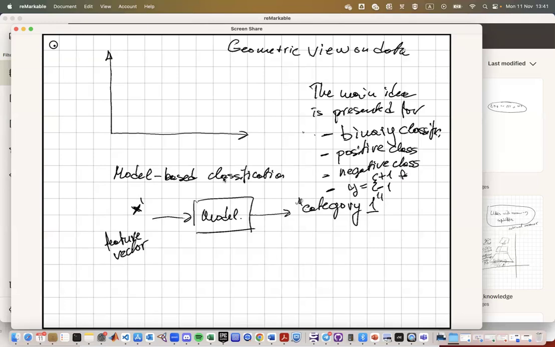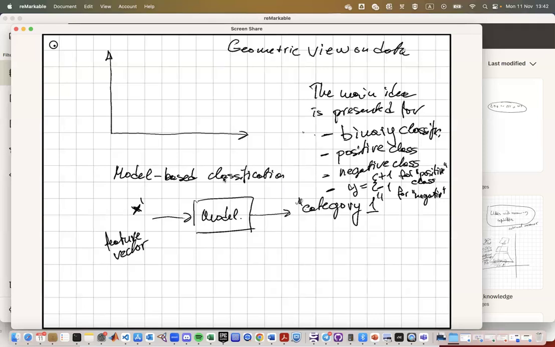So this is for the positive class, and this is for the negative. I put negative and positive in quotes just to show the difference.